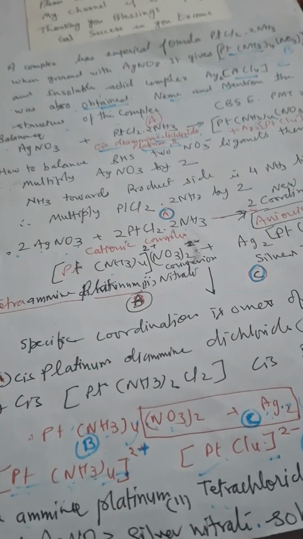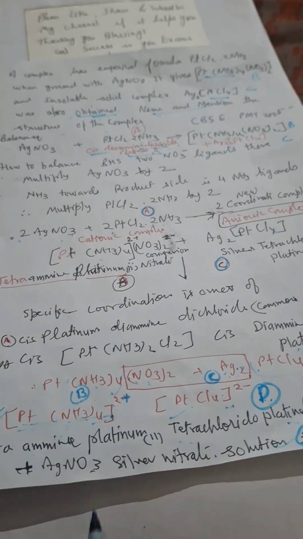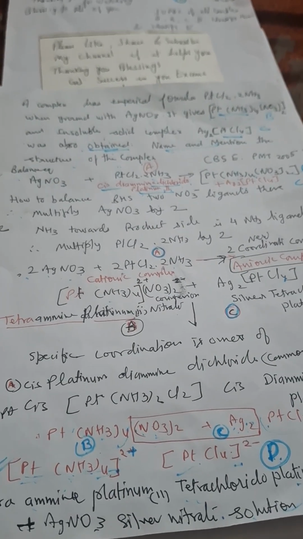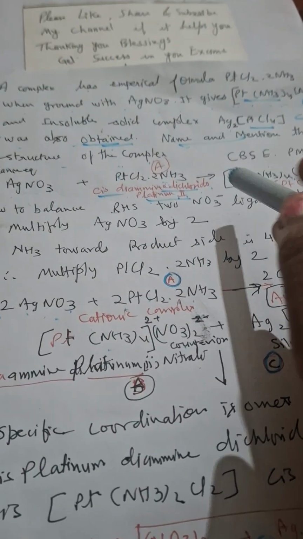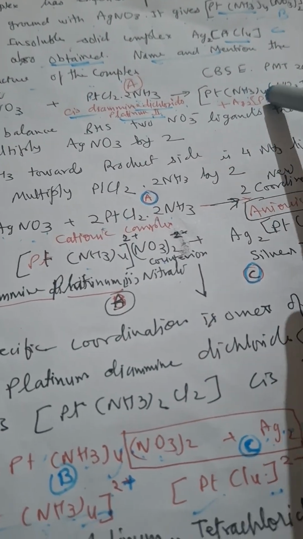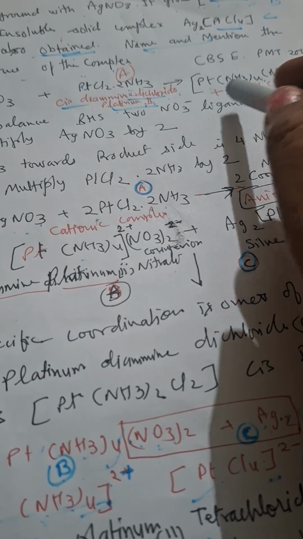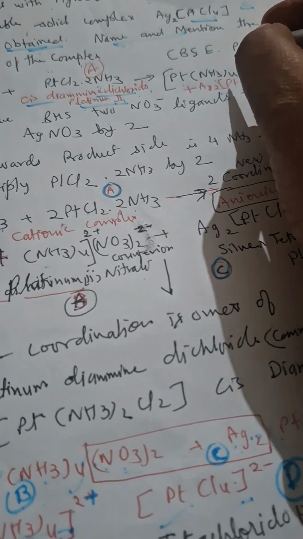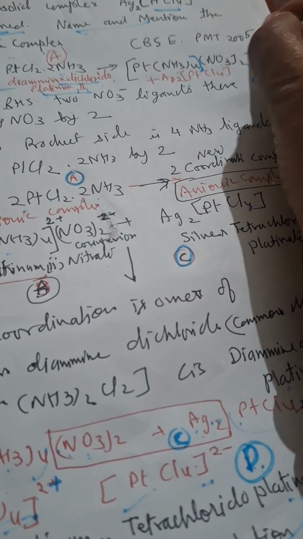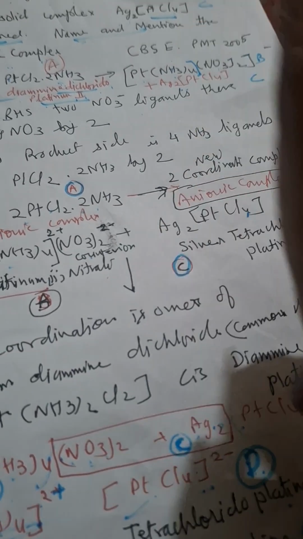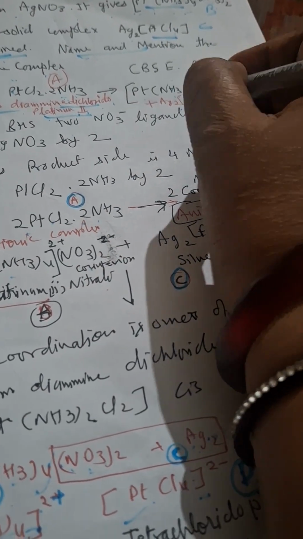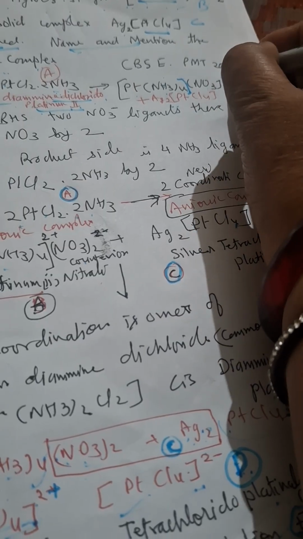Now we will go one by one. I told you to do it at the end of the reaction because it will not be confusing at that moment, because they have already given that B and C are obtained. Now at that moment Ag and NO3 will combine with each other. This should be [Pt(NH3)4](NO3)2. Okay, the complex ion is finished, and this is the counter ion.